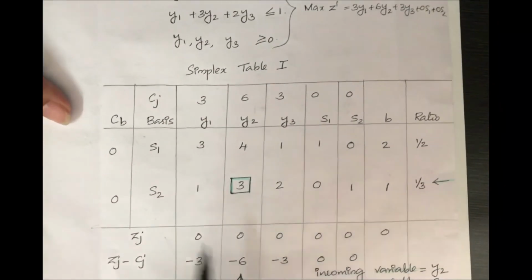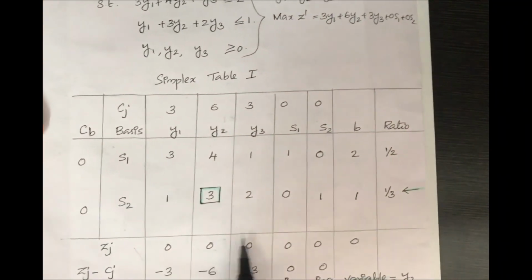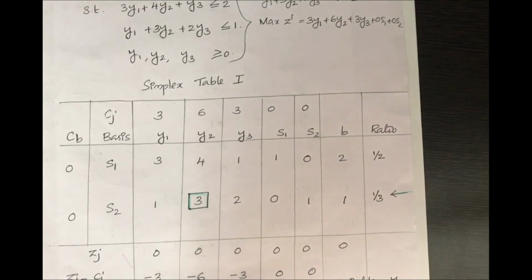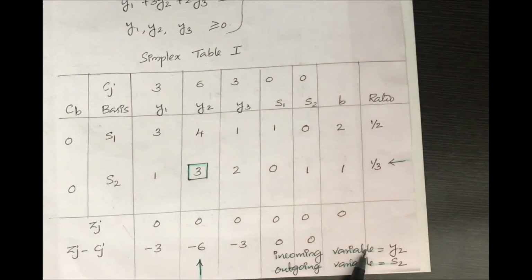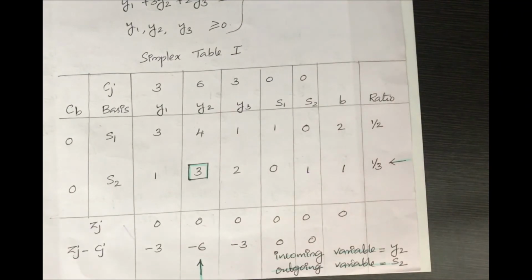So we write simplex table 1 using the standard format, and we check the zj minus cj values. The simplex table procedure is the same as usual.